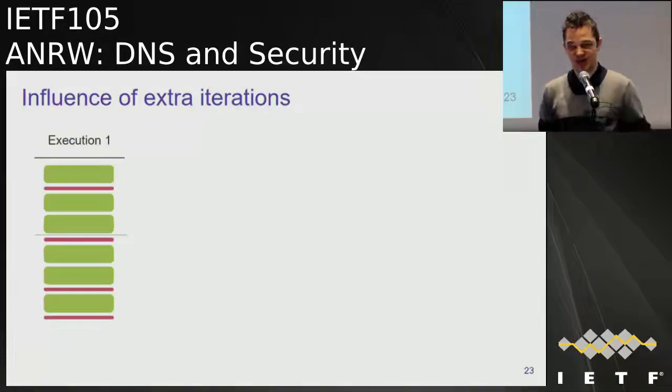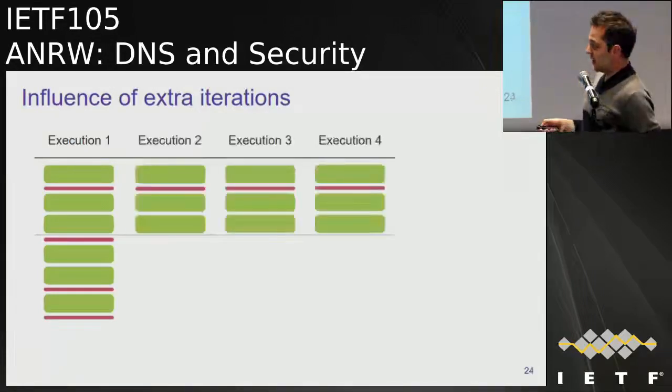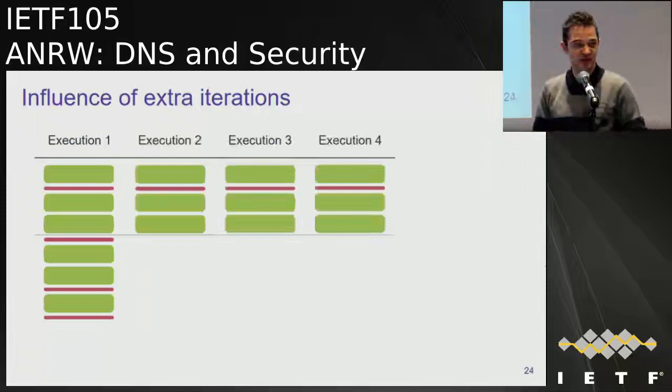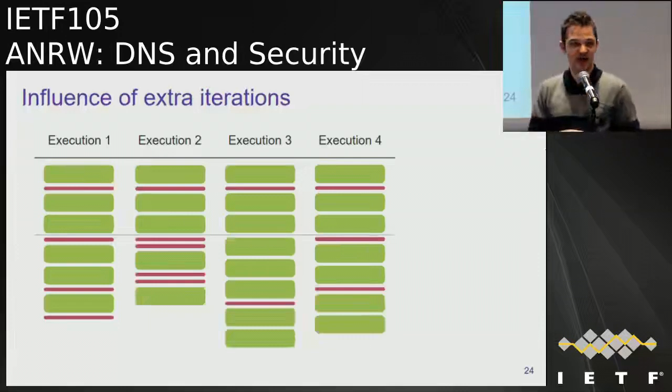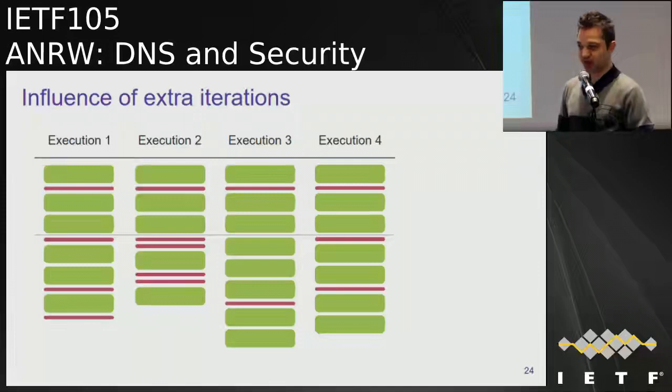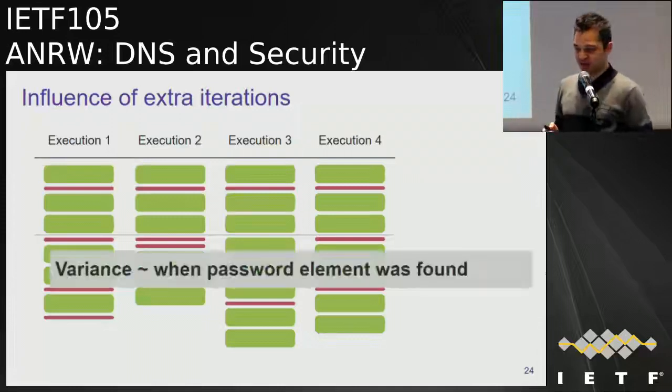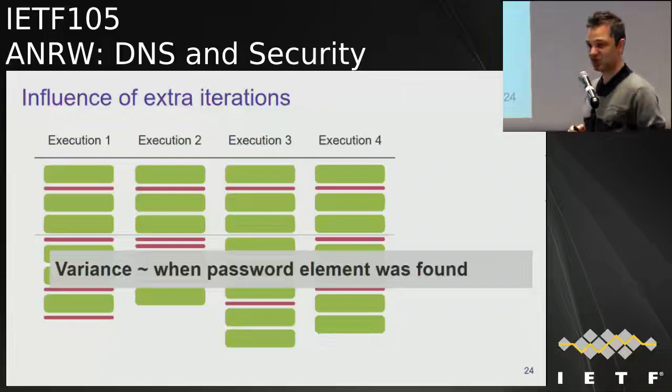If you now execute the algorithm again, the first iterations are always identical because they're based on the real password. But these extra iterations use a random password, so each time we also get a random amount of extra time added to the execution. But even with this, it leaks sensitive information, because now the variance of the execution time depends on when the password was found.